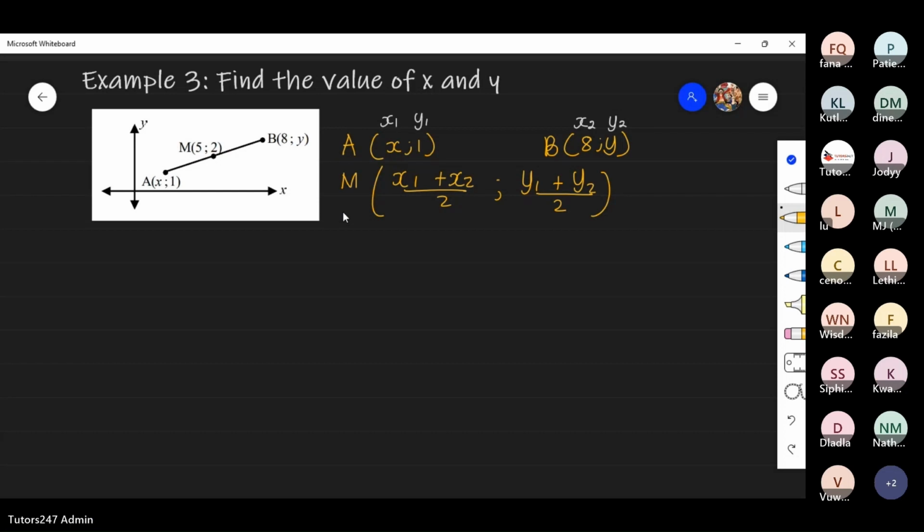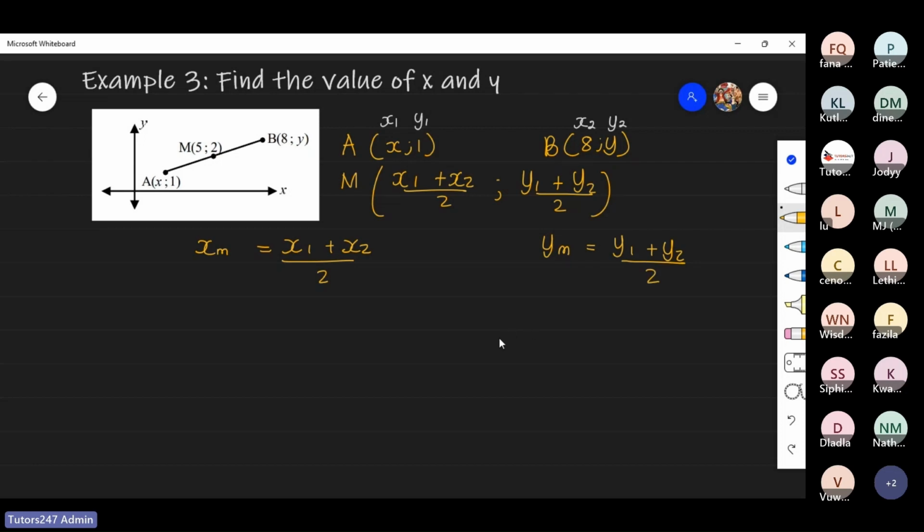What I'm going to do is break up my midpoint formula and separate it into the x and y parts. So I'm going to have xM, which represents the x value of my midpoint, equal to the x part of my midpoint formula, and yM, which represents the y value of my midpoint, equal to the y part of my midpoint formula.